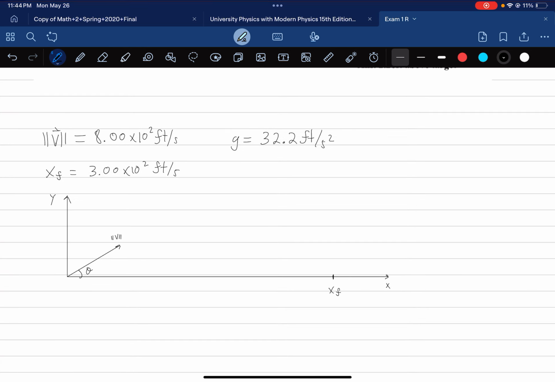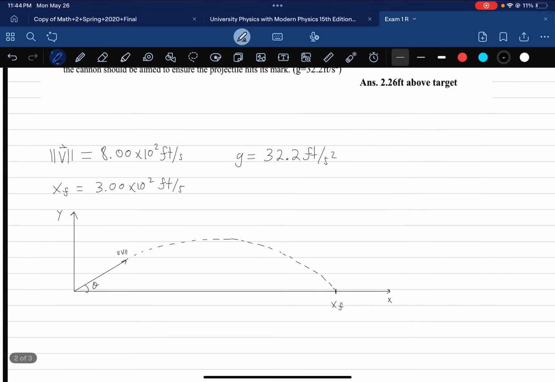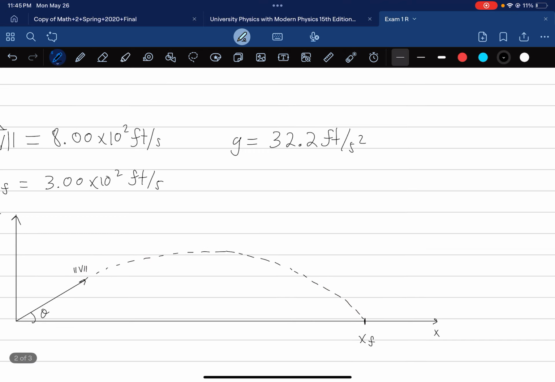Assuming the trajectory, or the line of motion, goes like this, some upside down parabolic shape, curved down, obviously due to gravity.